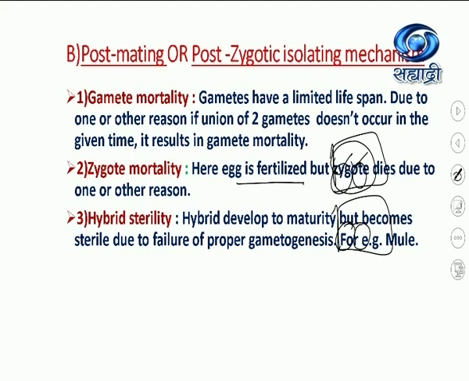So we have completed here the modern synthetic theory of evolution, where we started with genetic variation. In genetic variation, we discussed mutation, what is gene pool, what is gene frequency, how gene pool and gene frequency are affected by mutation, migration, recombinations, genetic drift.